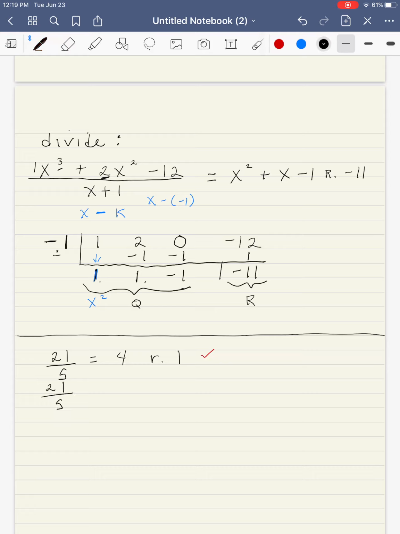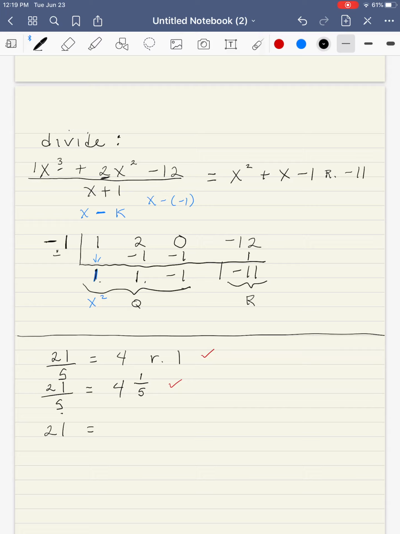This is writing this as 21 divided by 5 equals 4, remainder 1. I could also write this as 21 divided by 5 equals 4, and then my remainder is 1 left over out of my denominator 5. So this is another way that I can write the exact same information.